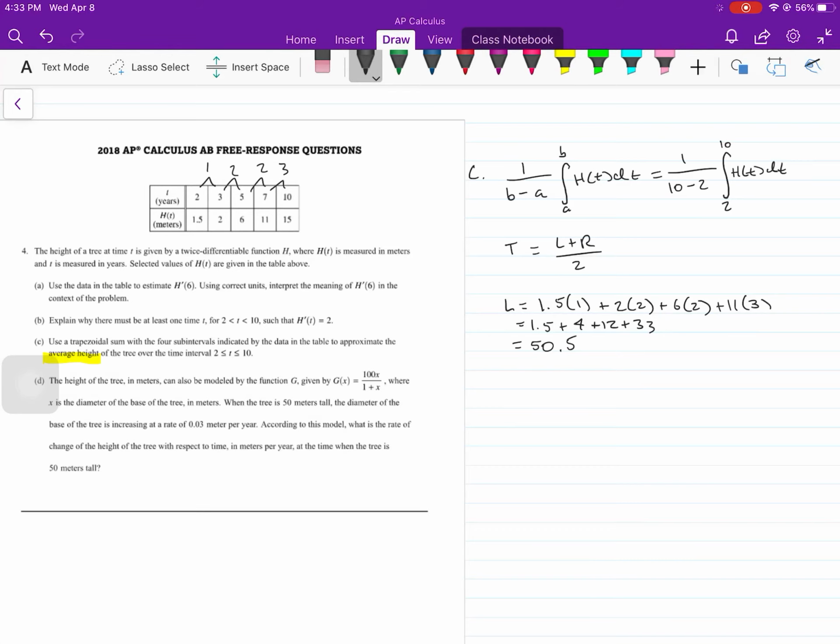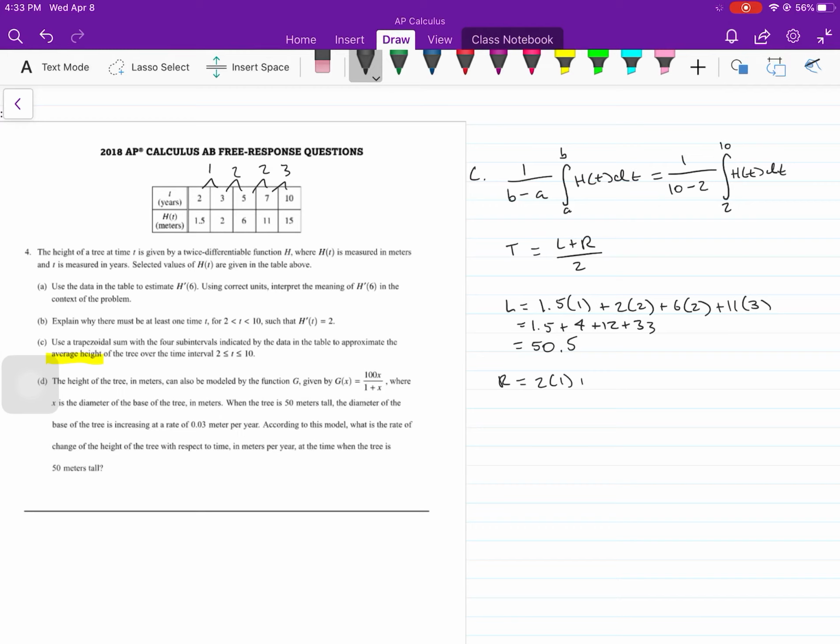Hopefully I did that right. I'm running through that a little too fast in my head, and I do make a lot of mistakes, so we'll come back to it if it's not right. So the right sum, same idea, but this time we're going to use the right 4 values. So we're going to use 2 times 1 plus 6 times 2 plus 11 times 2 plus 15 times 3.